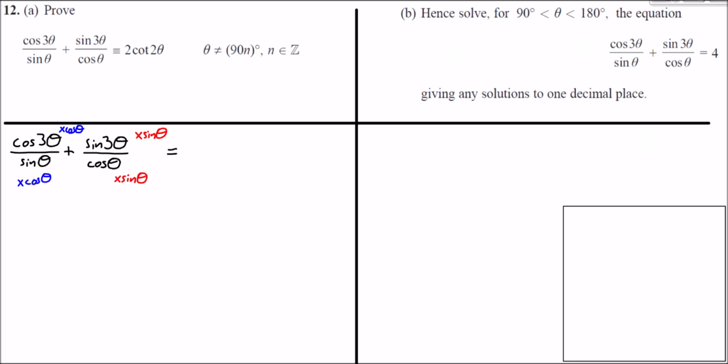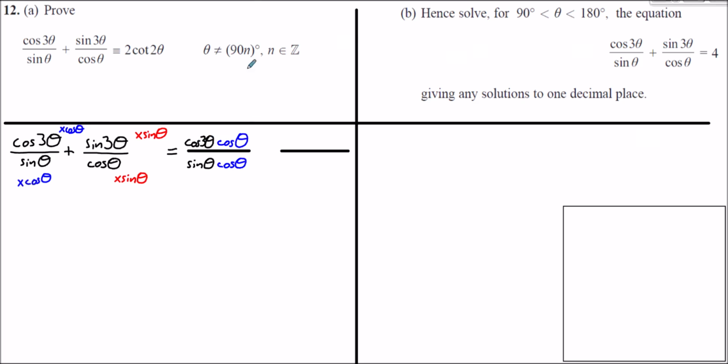The first fraction and a second fraction. The first one is going to become sine theta multiplied by cos theta, so I just write this in. So I've got sine theta times cos theta. And then this one, if I'm multiplying by cos theta, I'm going to get cos 3 theta times cos theta.